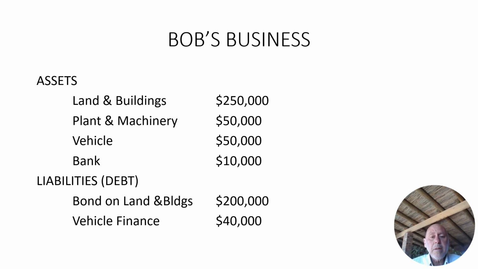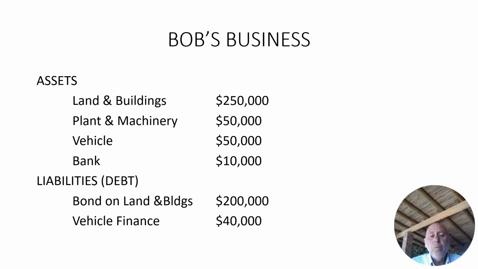This is Bob's business, and he's got assets, and I've changed the land and buildings. These are now business land and buildings. From a house of 300,000, I've changed it to 250,000, and I've added plant and machinery. Let's say that Bob is going to make something. He's still got a vehicle of 50,000. Let's call it a truck, and he's still got $10,000 in the bank.